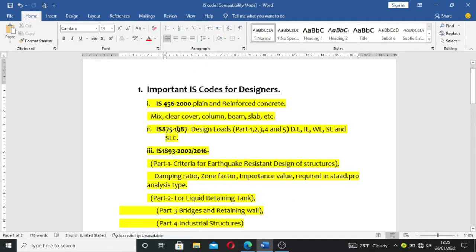Next I will be talking about IS 875. You should remember this one because in this IS code you will get various loadings. In IS 875 part 1 it talks about the dead load, then 2 imposed load, 3 wind load, then 4 snow load, and 5 special load combination. Why should you know this?